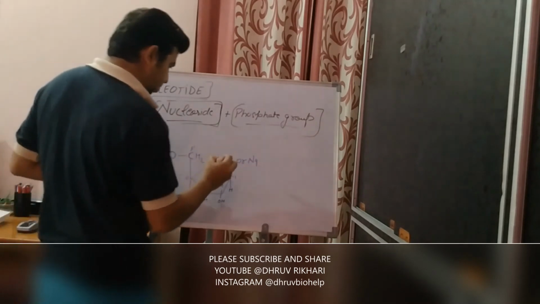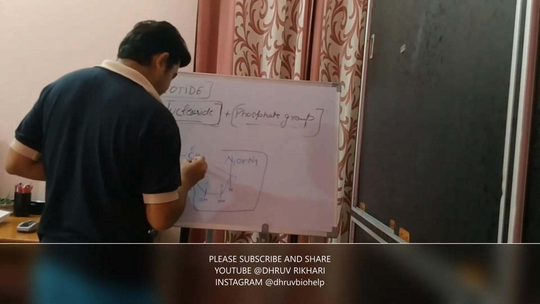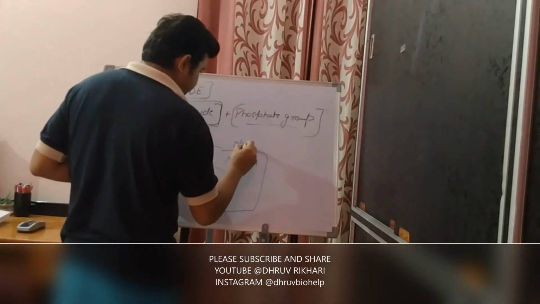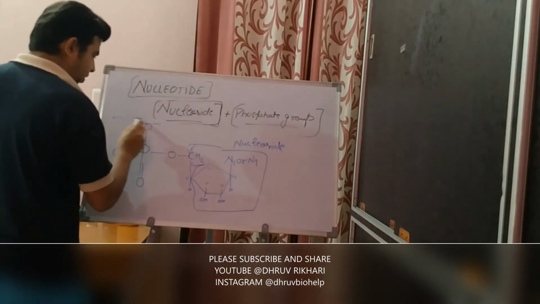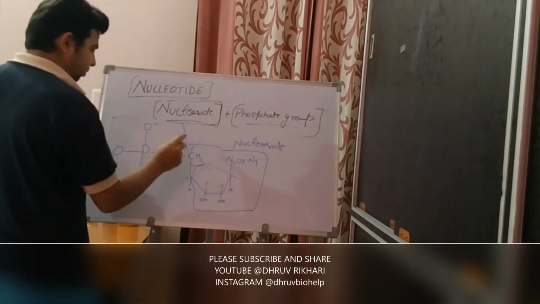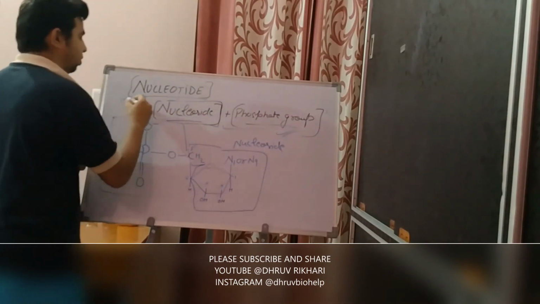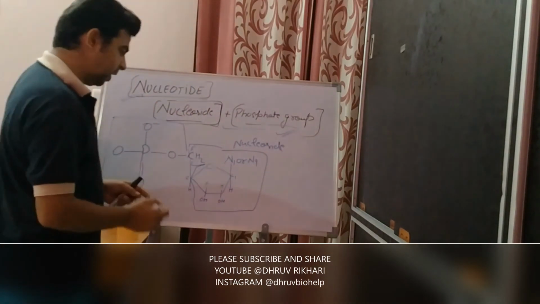So this structure we can see that this pentose sugar structure is a nucleoside, and when the phosphate group is added, the whole becomes nucleotide. So this is the structure of nucleotide.